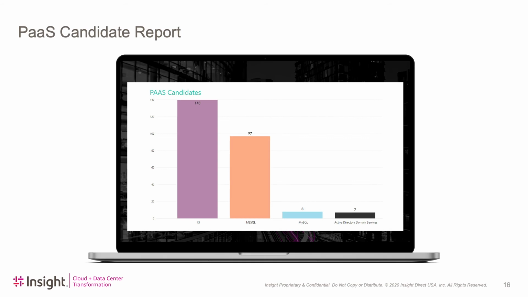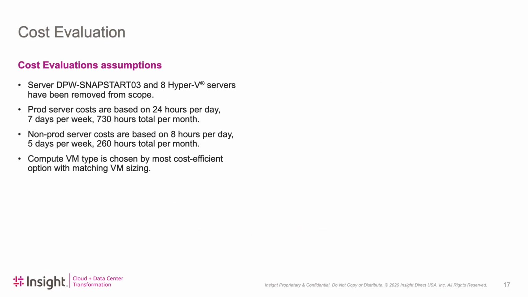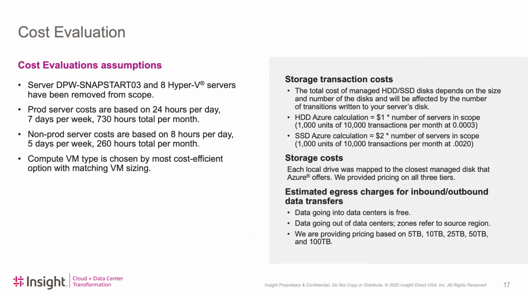Other deliverables we provide when using SnapStart as part of a cloud transformation initiative are the PaaS Candidate Report, which shows which servers and types of servers are good candidates for a PaaS environment, and the Cost Evaluation, which provides cost estimations for running in a given public cloud based on a set of assumptions. The estimations in this example include estimated costs for specific servers, storage, transactions, and egress.